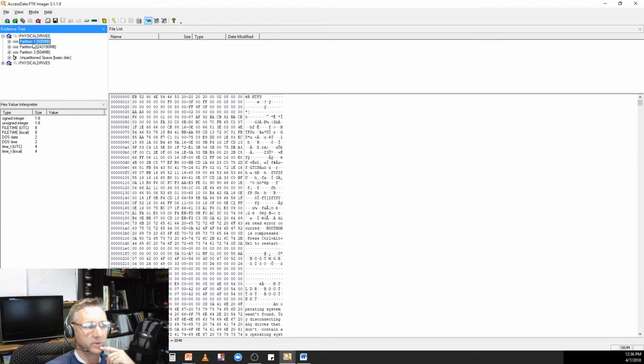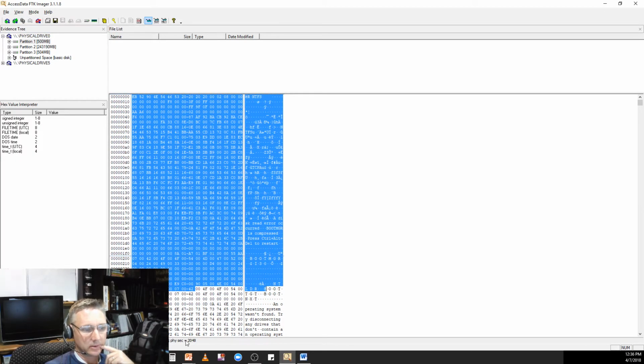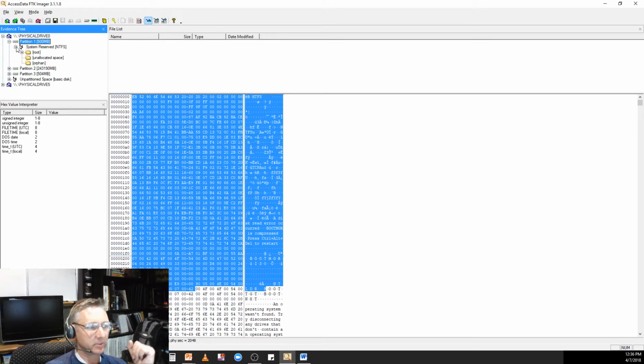If we go here to the first partition, that tells us that we are on sector 2048. Okay, so that makes sense. It's all good. So that is our boot partition, essentially. File system reserved.